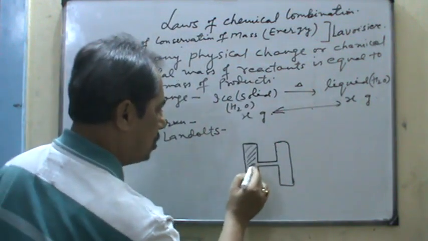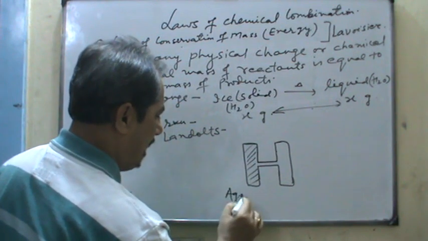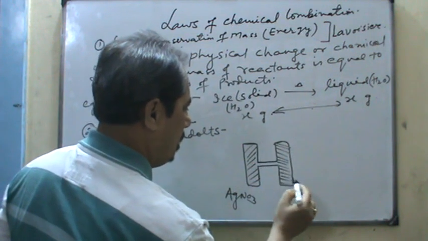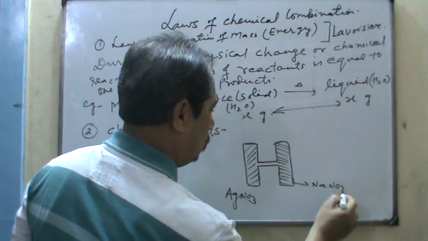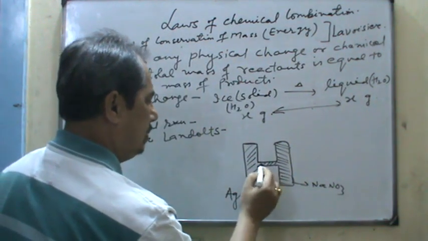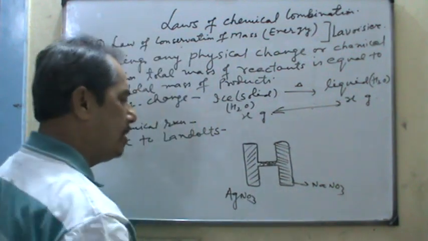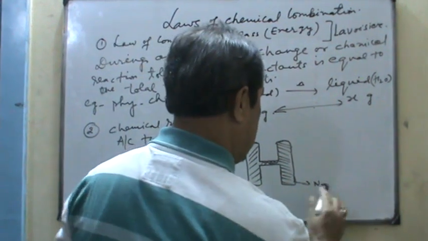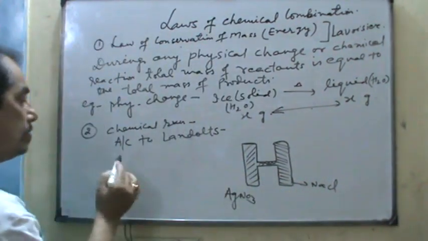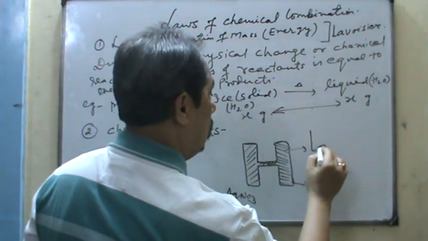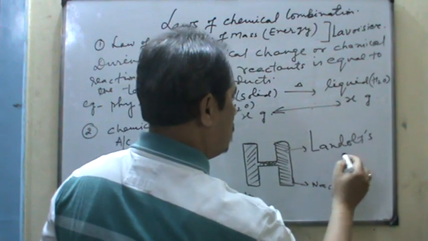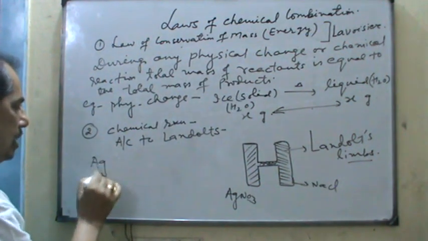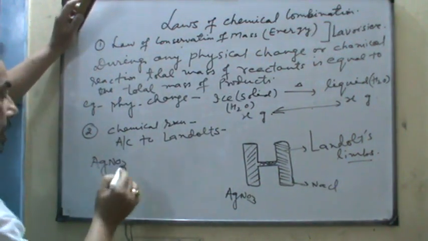Here they put silver nitrate, and this side they keep NaCl. After the formation of the new product, AgNO3 reacts with NaCl, and then new substances are formed. This is Landolt's apparatus. So AgNO3, write the reaction, everybody.